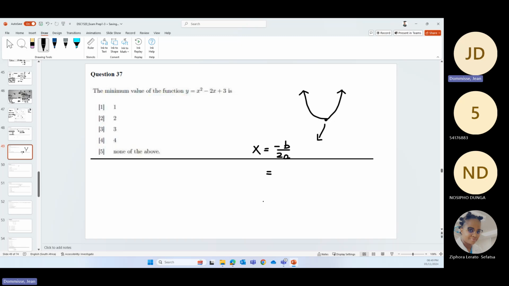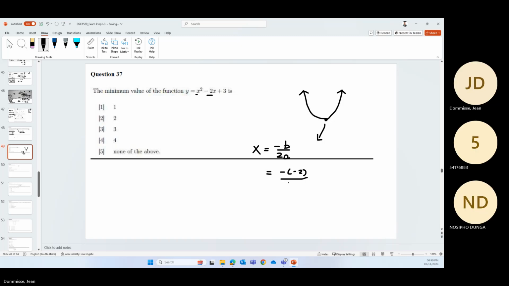So that turning point, minus b is minus 2 over 2a, and a is 1. So minus 2 is basically 2 over 2. So we sit with the value of 1. So that's one way of doing it.